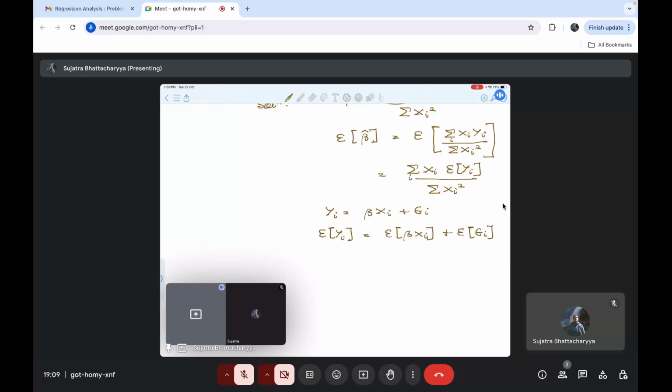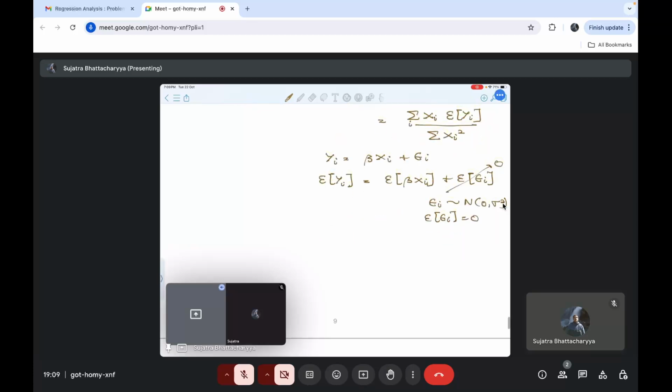We assume that epsilon i comes from N(0, sigma square). Therefore, E of epsilon i is equal to 0. Both beta and xi are constants, since x is not a random variable, so E of yi will be beta into xi. Correct?